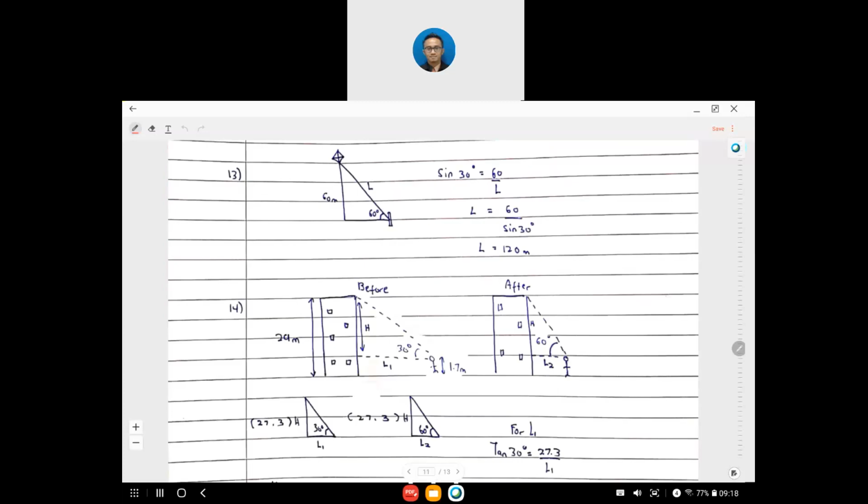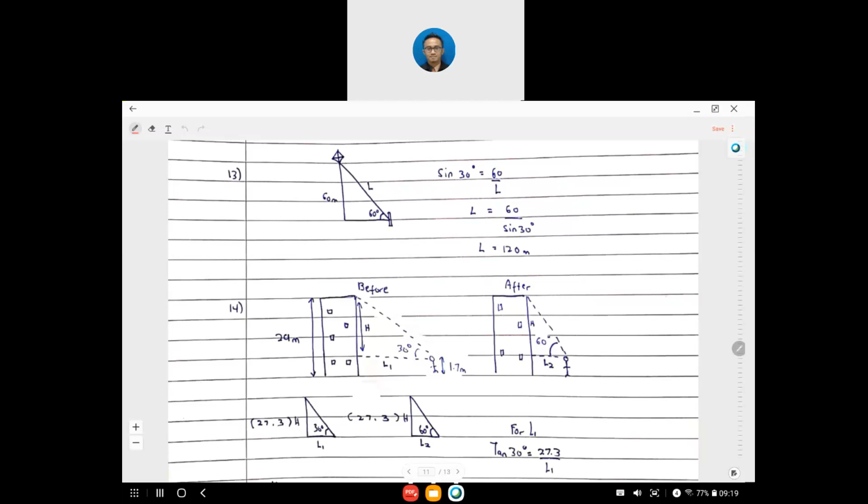Okay, now let's do question 13. Okay, a kite is flying at a height of 60 meter above the ground. 60 meter above the ground. The string attached to the kite is temporarily tied to a point on the ground. The inclination of the string with the ground is 60 degree.